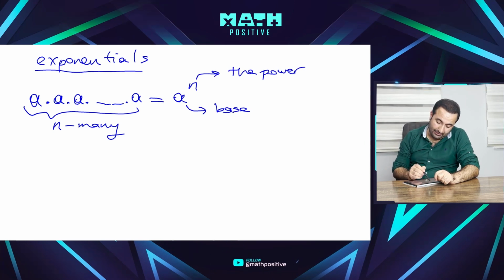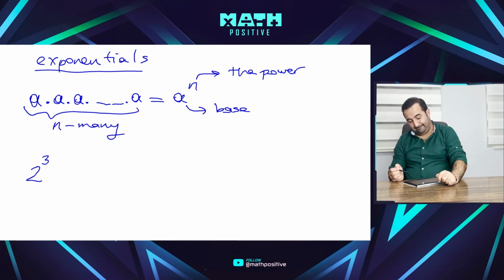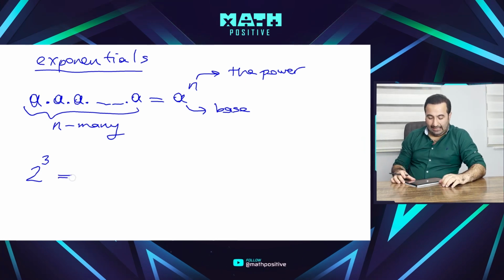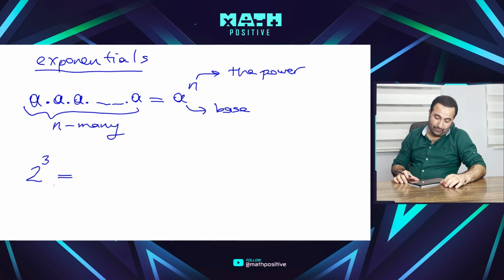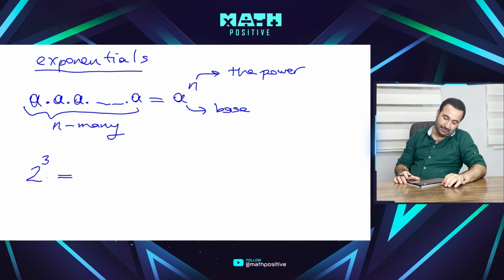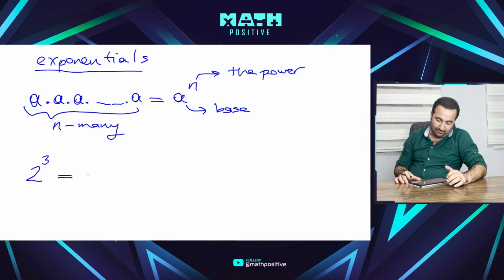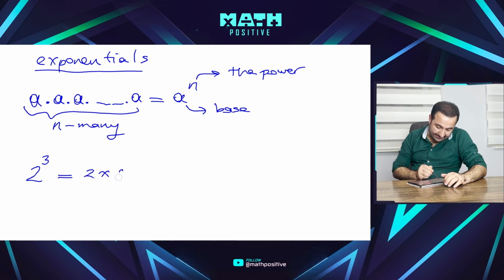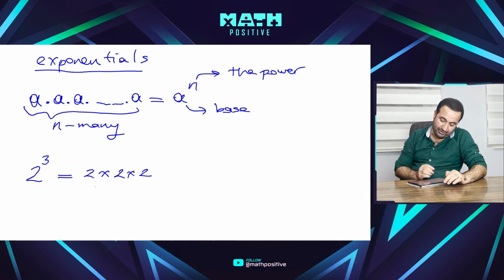Here we call a the base and we call n the power of a. When we see an expression in maths like a number and some other number above this number, this is about exponentials.